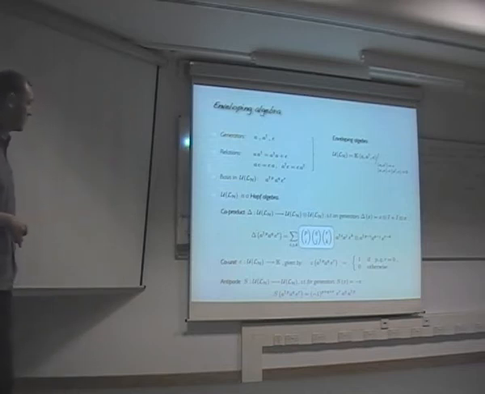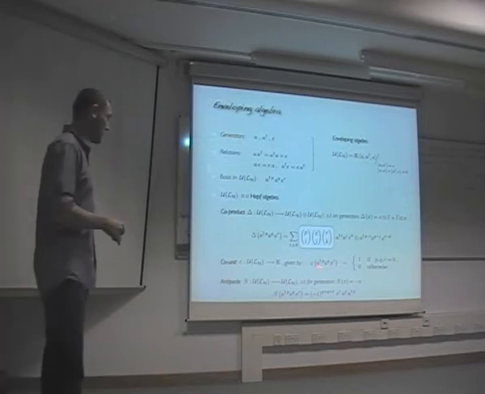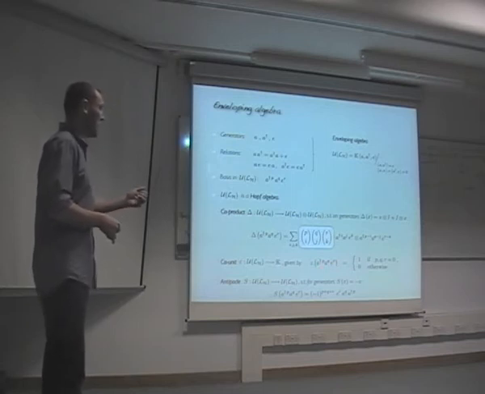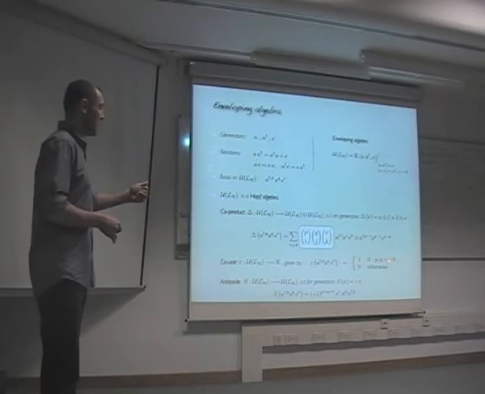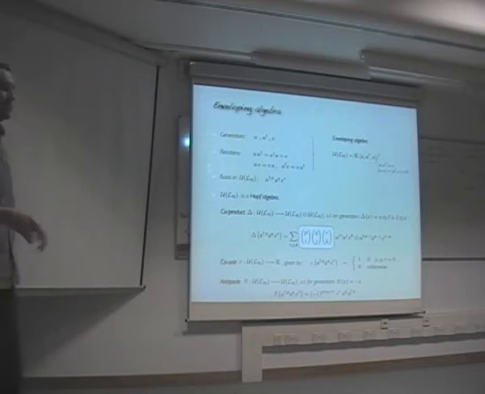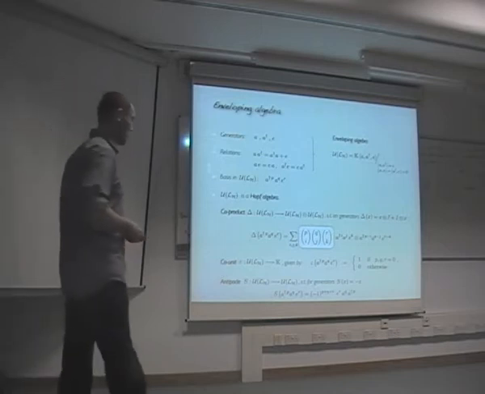Then there is a counit, which is given in that form. It just extracts the coefficient at P, Q, and R equal to 0. And again, there is also an antipode, which is an antimorphism, which for some people is important.